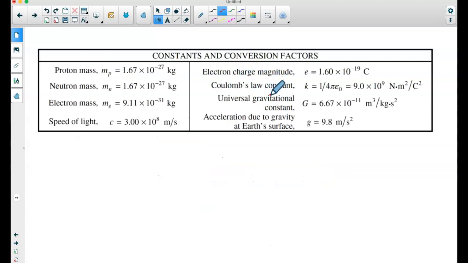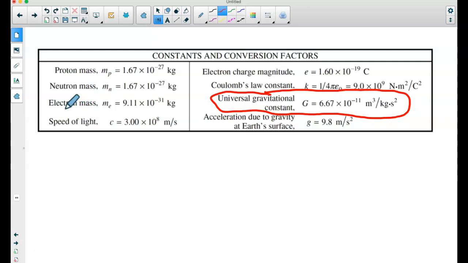If you look at the other side of your formula sheet where we have the constants and conversion factors, there's something called the universal gravitational constant. So this is just a number that seems to be baked into the universe that tells us how strong that force of gravity is.